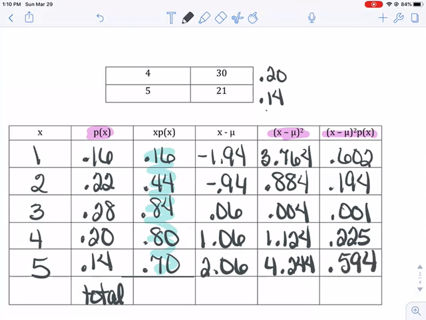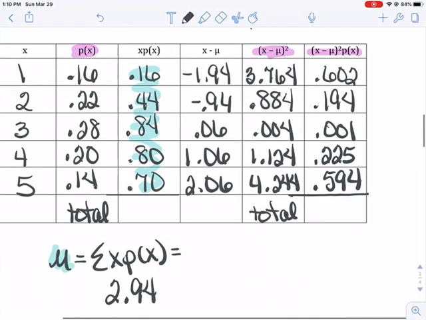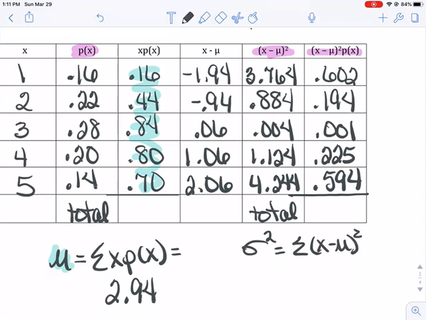All right, so when we do this, now we're going to take this last column we just did and find the total. That's going to give us our variance. So remember, summation of x minus mu quantity squared p of x. That's going to be that last column, and we're going to add those up.